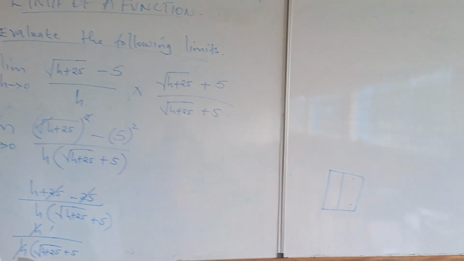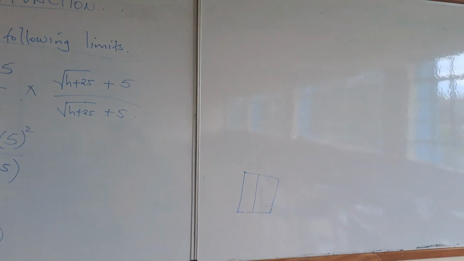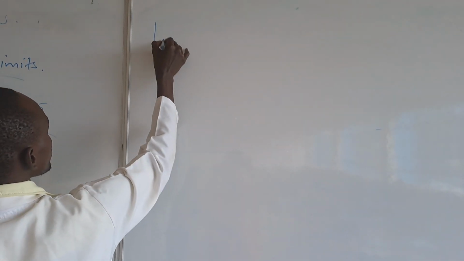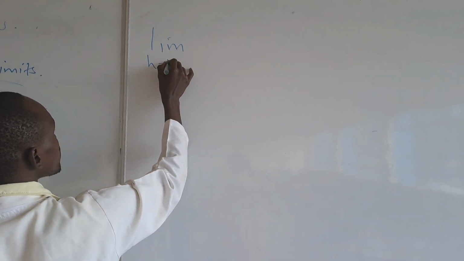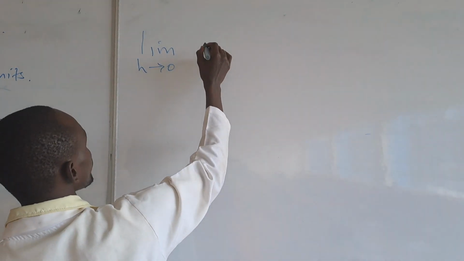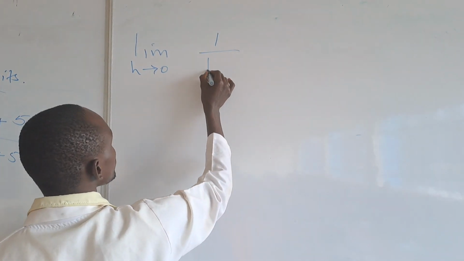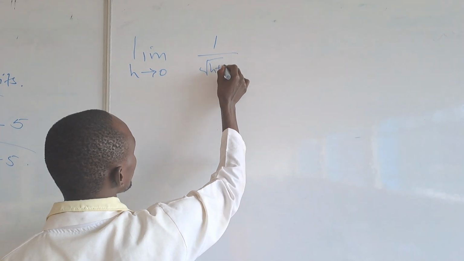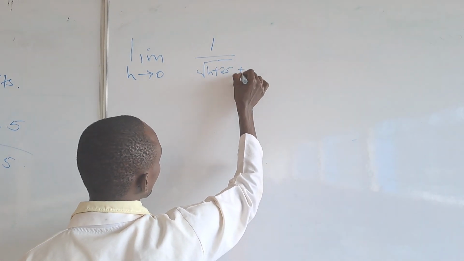So this can also be rewritten as the limit as h tends to 0 of 1 over square root of h plus 25 plus 5.